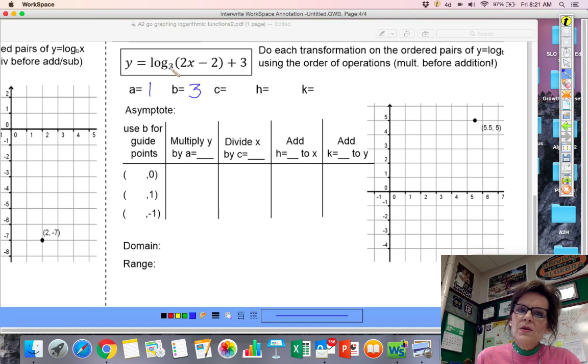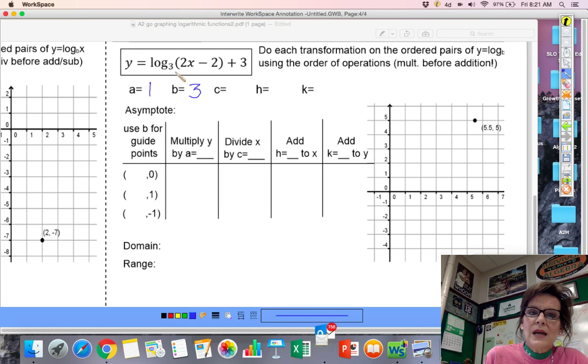Well, c is our new friend, and in the pattern, it shows c parentheses x minus h. We don't have a number in front of the parentheses, but look inside the parentheses, you see 2x minus 2. Think back to 7th grade when you learned the distributive property in factoring. 2x minus 2 can be broken apart, and if you look closely, you'll notice that it has a common factor of 2.